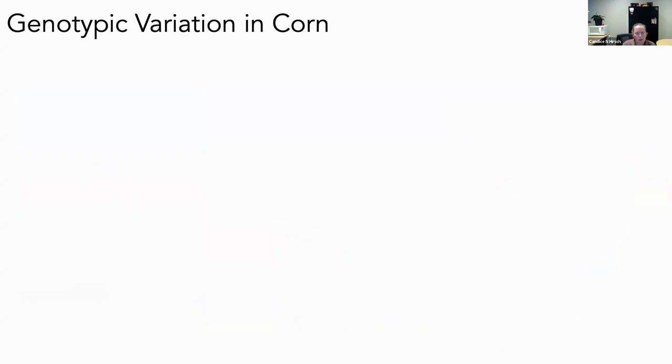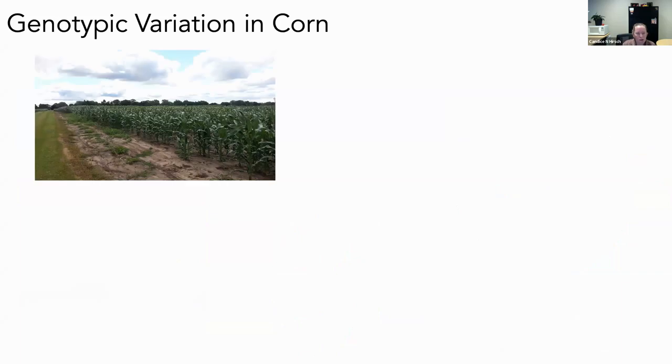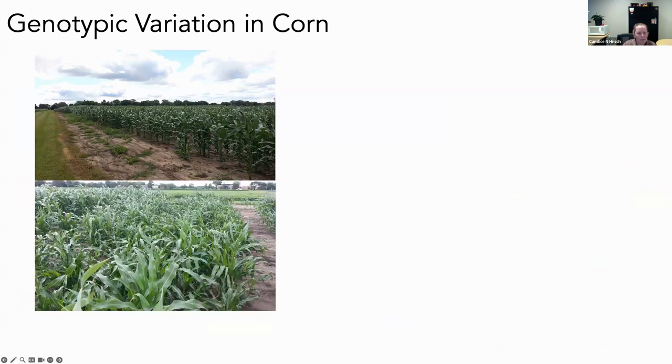And in terms of how much variation there is in corn, so I think we're used to seeing fields like this, where everything looks pretty similar. And in fact, these are actually a bunch of different varieties in each of these different ranges and rows within this field. This is from one of our trial fields. This is our genetic nursery where things get a lot crazier and weirder between different varieties, the different lines that we're growing.